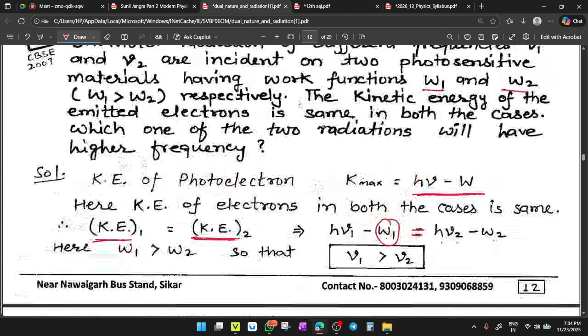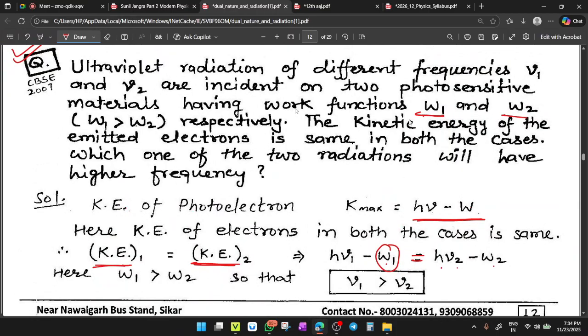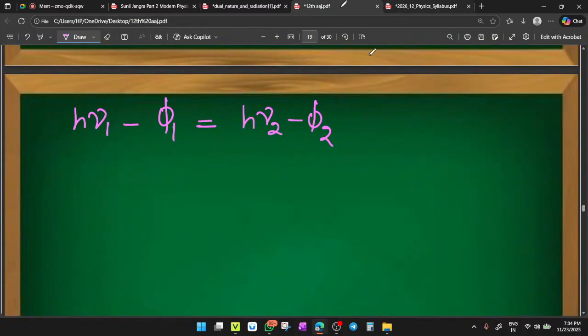Now check the question. Work function W1 is greater than W2. So W1 greater than W2 means in our sense phi 1 is greater than phi 2. Clear students?